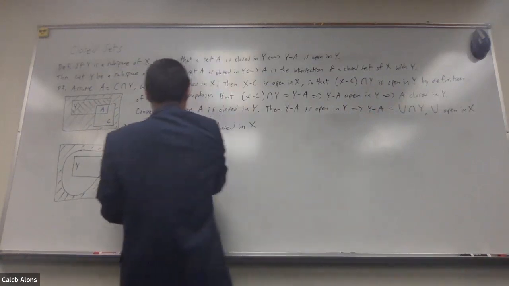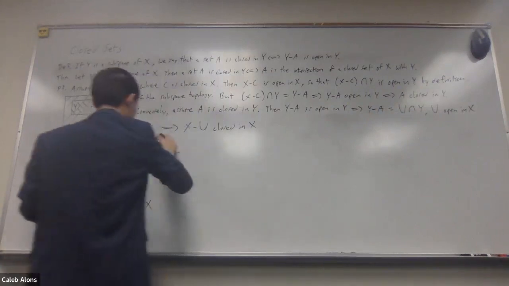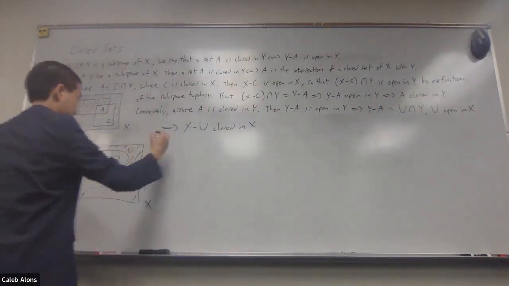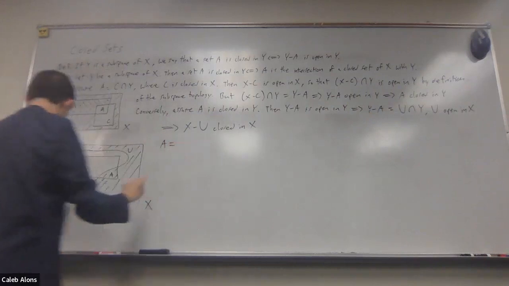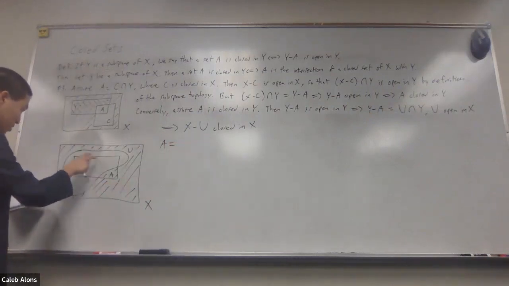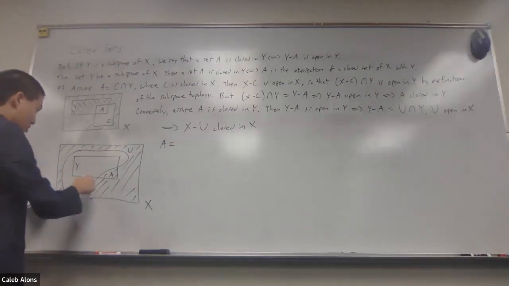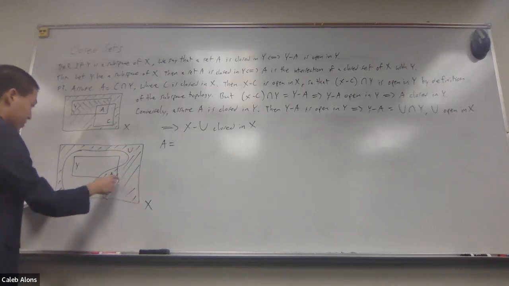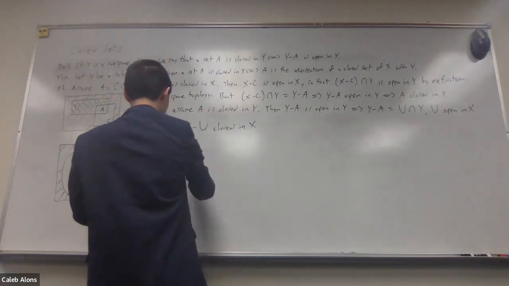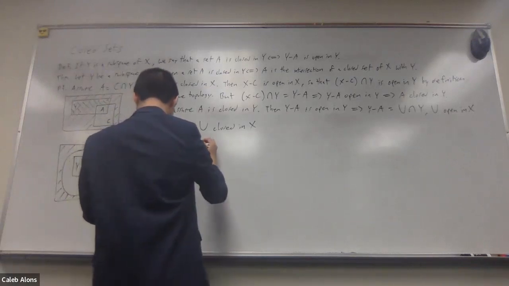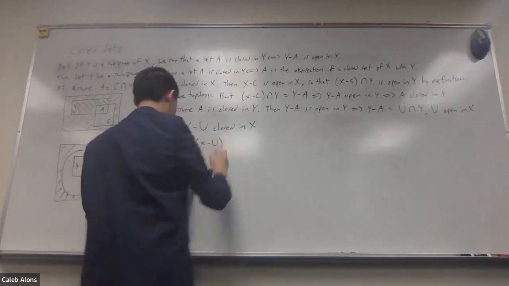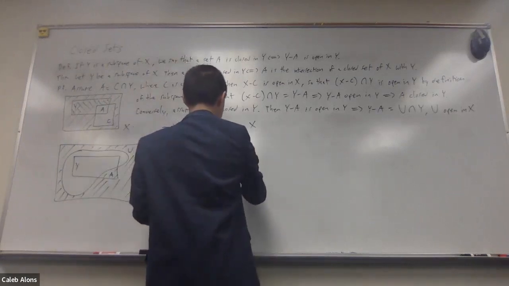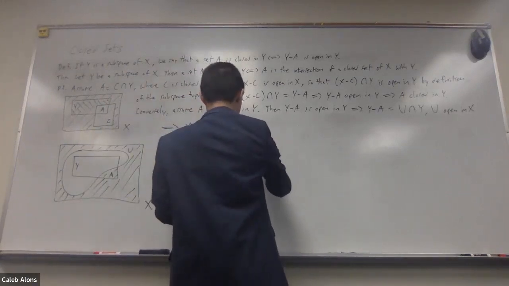But we have that A is, if I take my subspace Y here and intersect it with the complement of U with respect to X, I'm going to end up with this little piece in here. So I get Y intersecting the complement of U in X. Clever.